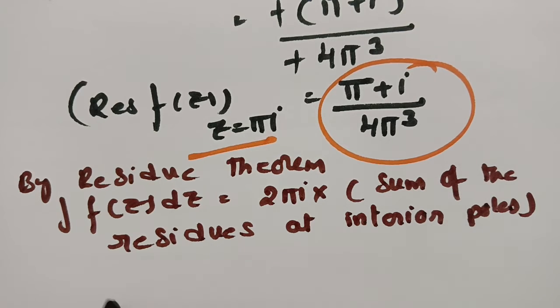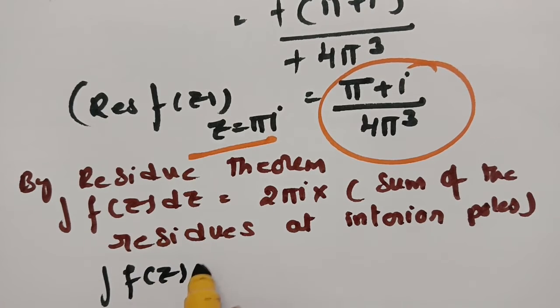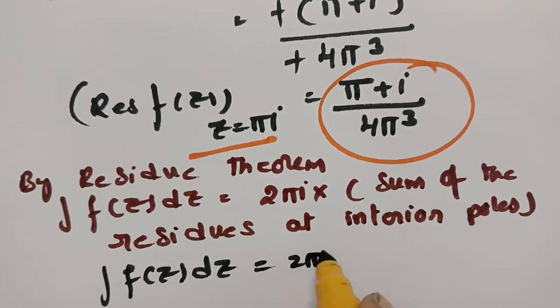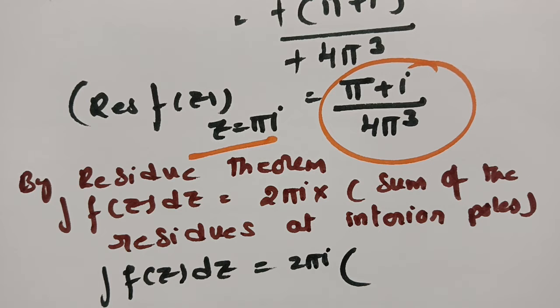So here, the integral of f of z dz is equal to 2 pi I times the sum of the residues.